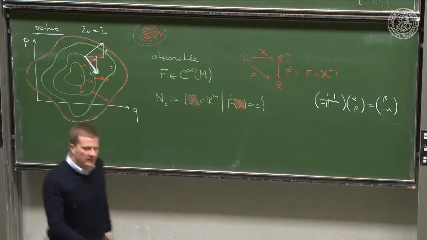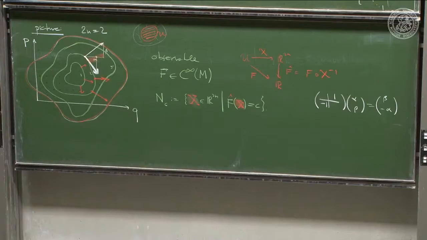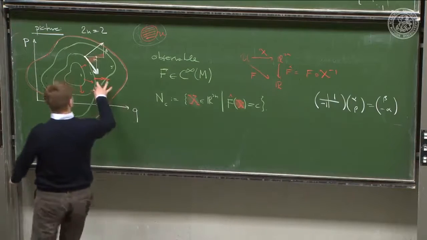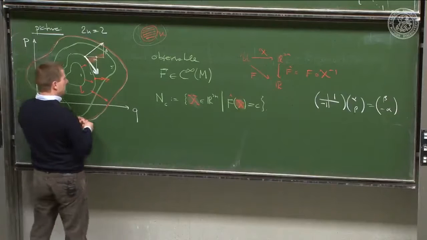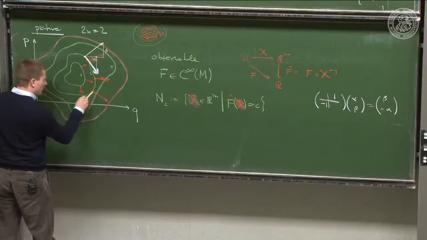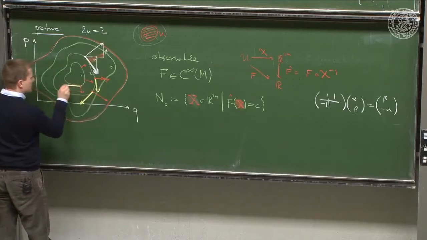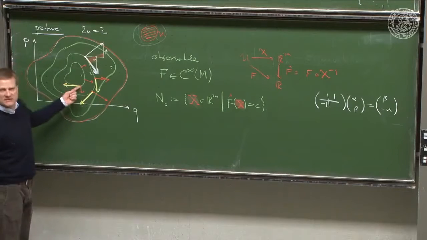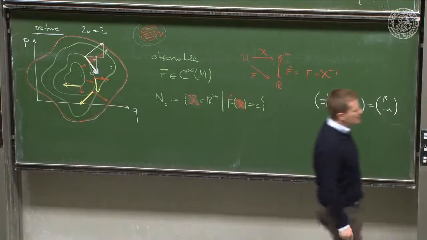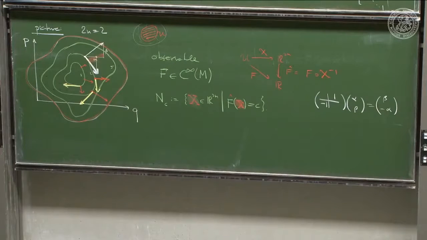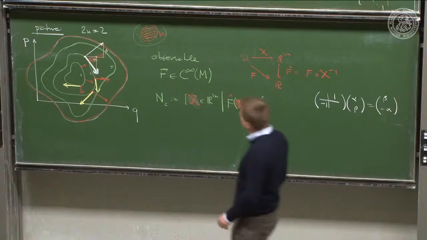And if you think about it, the orange ones are the df's, but you will always flip them to vectors that are then tangent to the level set, very obviously. Because if you plug in something here that's tangent to the level set, it will be annihilated.